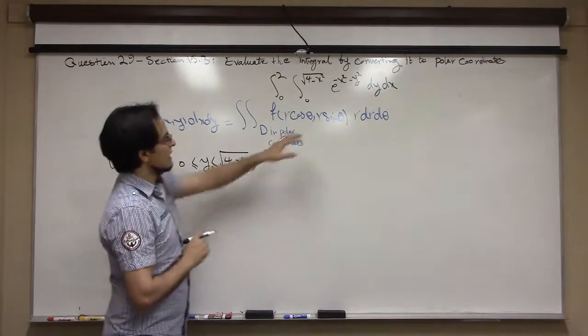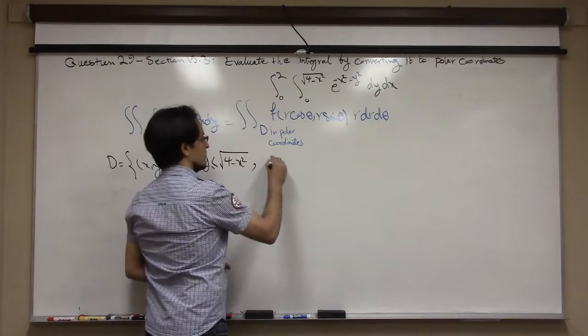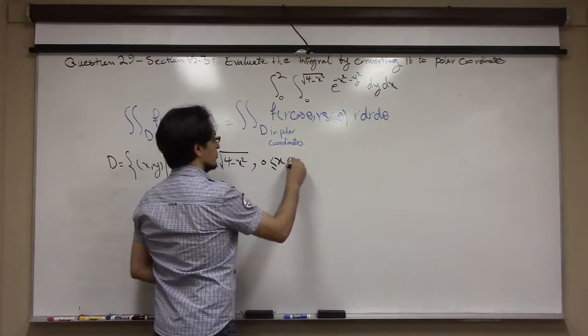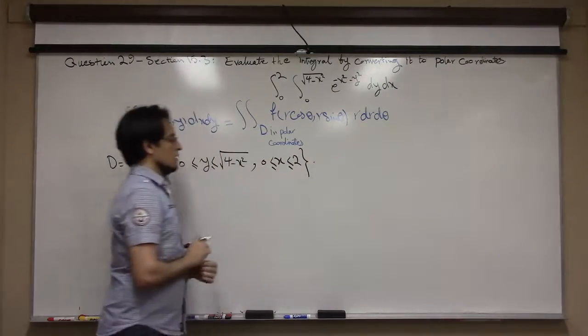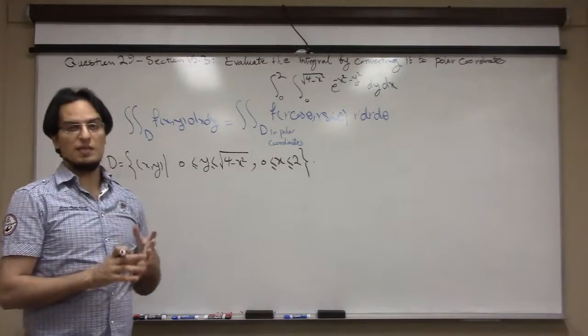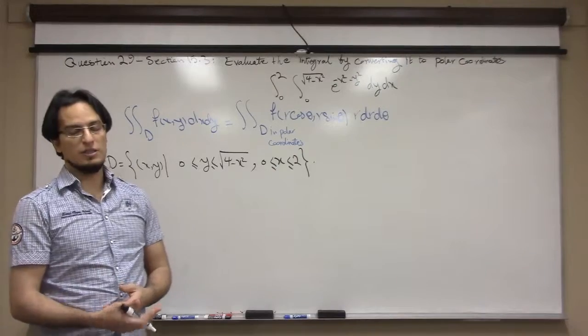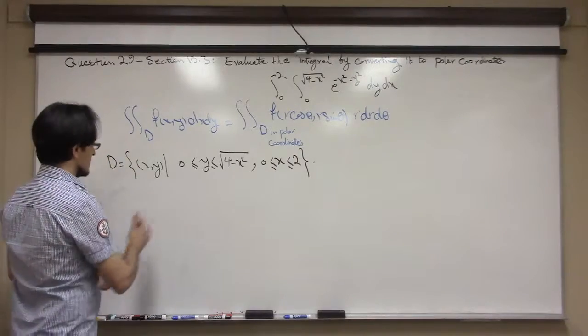What about x? x, which is the outer variable, goes from 0 to 2. So we have to see what this region is first and then try to find boundaries for my new coordinates, which are polar coordinates.